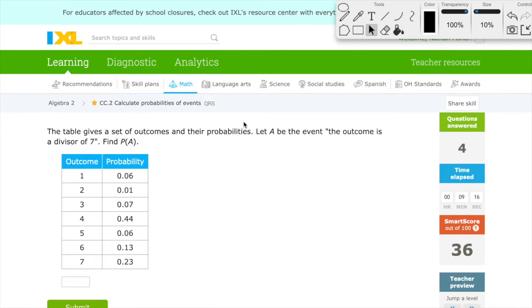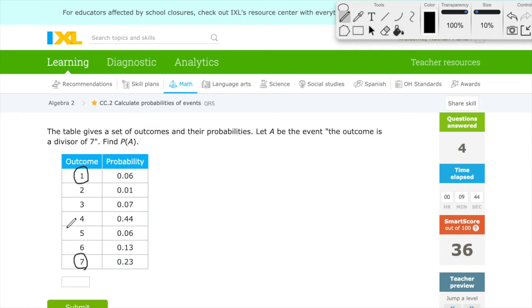Okay, so divisor of 7, so this is similar to the last one, basically asking can we do 7 divided by that thing and get a whole number back. 7 divided by 1 is still 7. 7 divided by 2 is a decimal. This would give you a decimal, this would give you a decimal, this would. 7 divided by 7 is 1, that works. 7 is prime. That's kind of another way.